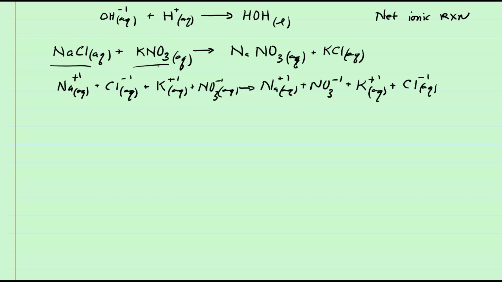Now, if you took another step here and you said, oh, okay, all of this is in water, what happens if we evaporate the water? What will we find? What we'll find is a mixture of all four of these things. Because as soon as you evaporate the water, you're going to end up with some sodium chloride, some potassium nitrate, some sodium nitrate and some potassium chloride.